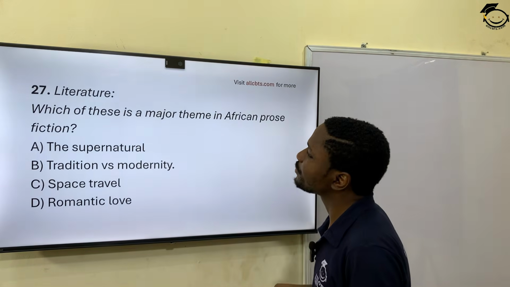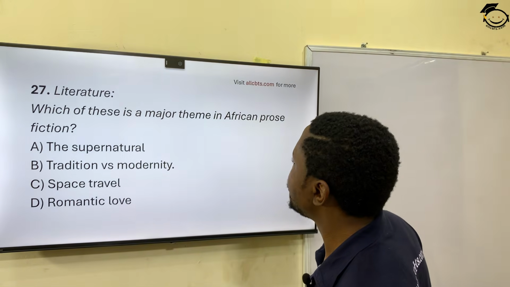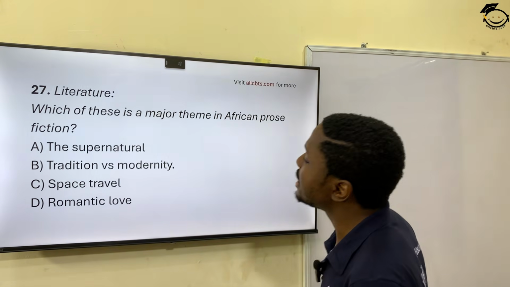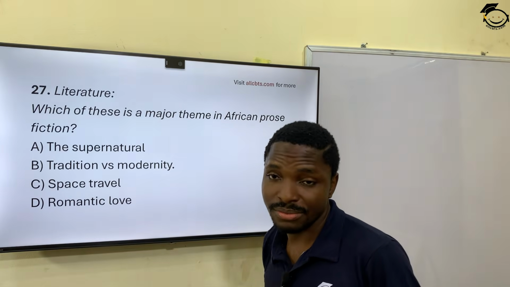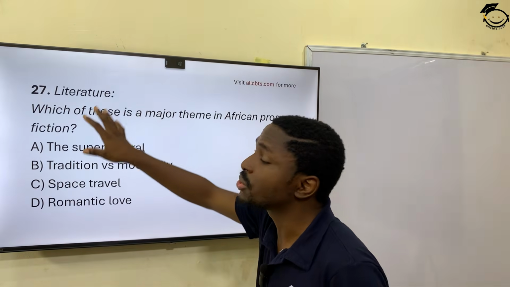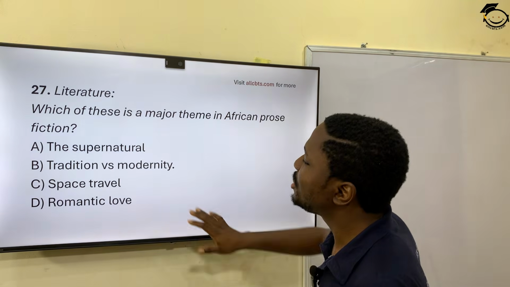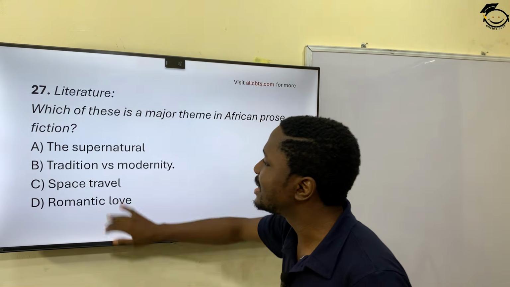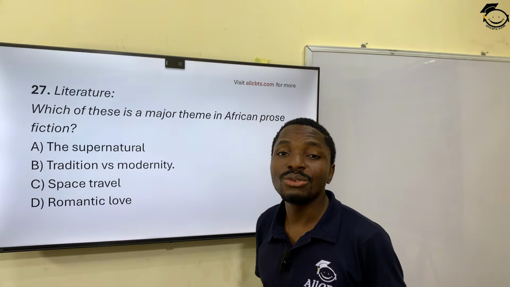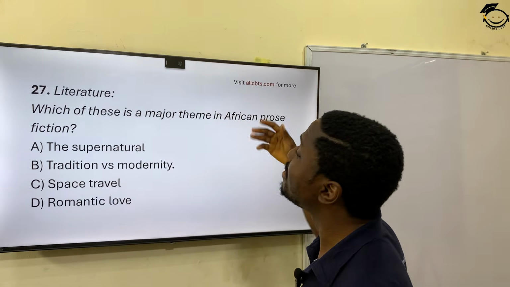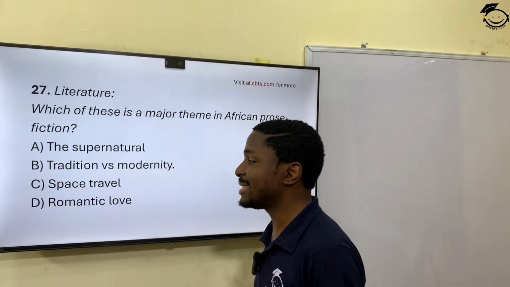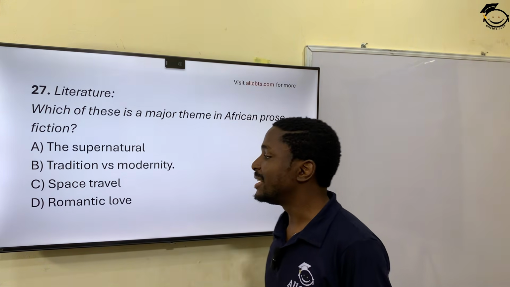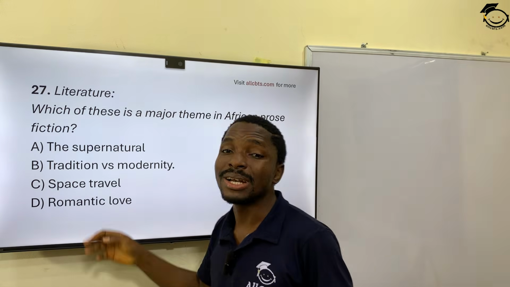27. Literature. Which of these is a major theme in African prose fiction? Now, this is a question on literature. Which of these is a major theme that you will always find in African prose fiction? And that's tradition versus modernity. In African prose fiction, you don't really see romantic love.